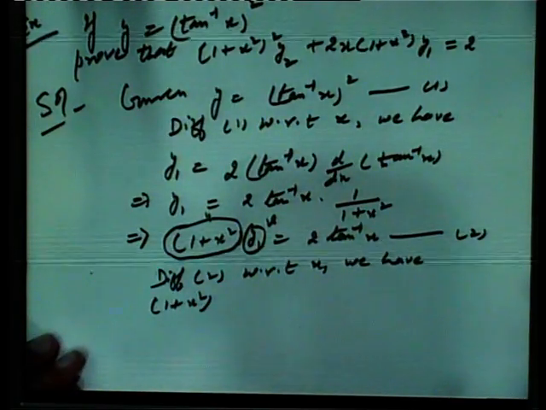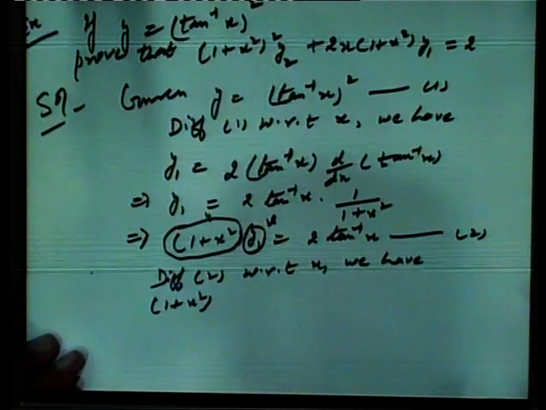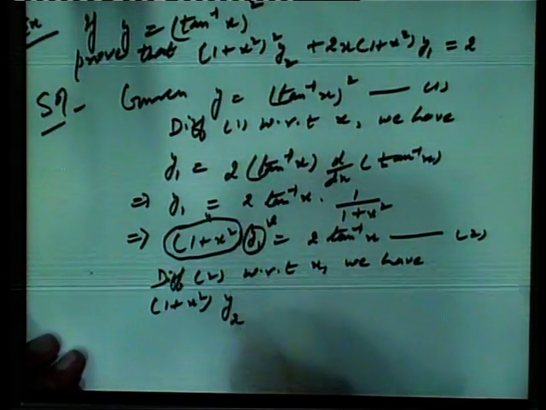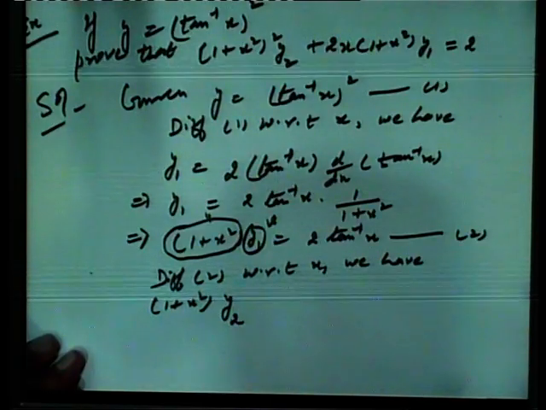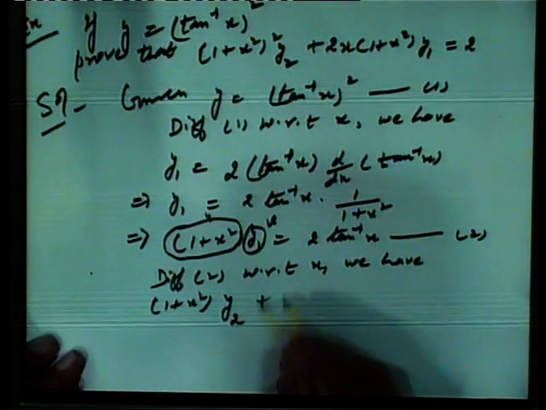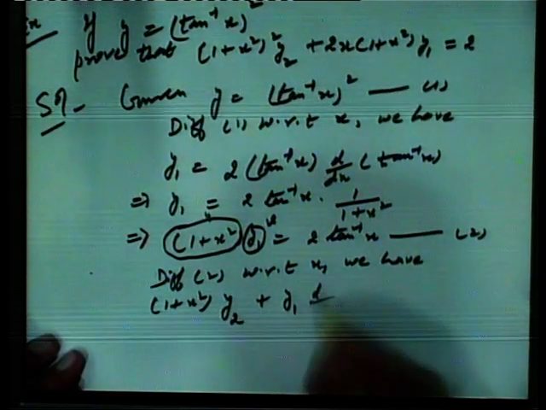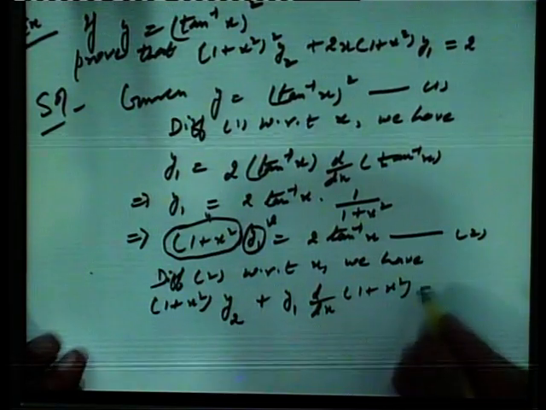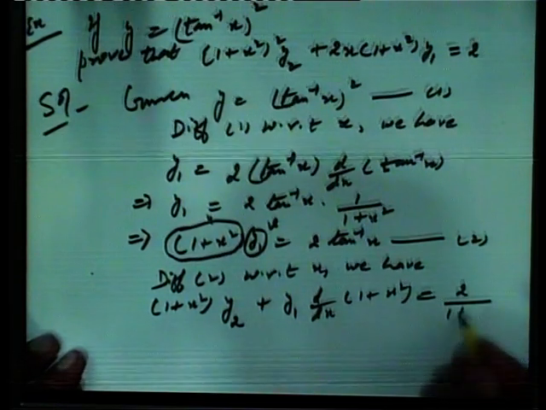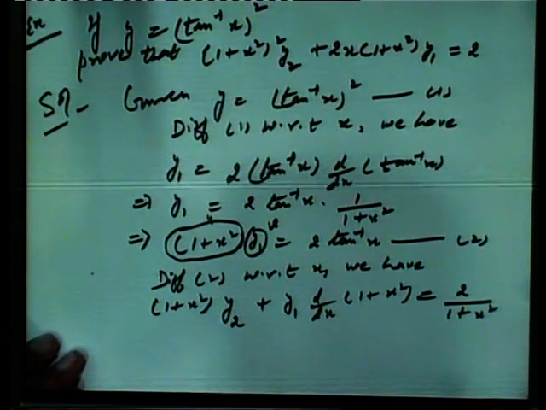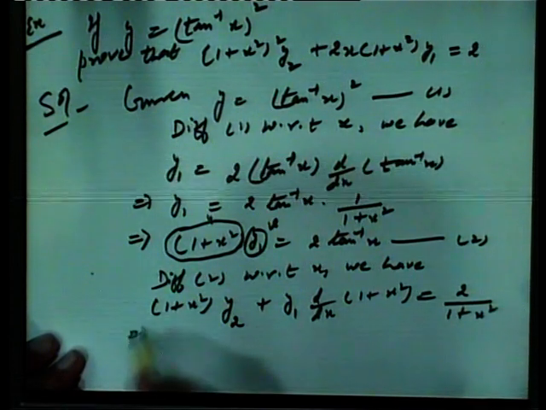The differentiation of y1 is again y2. Differentiation of y1, the first order derivative, becomes y2, plus y1 into d/dx of 1 plus x square, equal to 2 times 1 divided by 1 plus x square, because the differentiation of tangent inverse x is again 1 upon 1 plus x square.